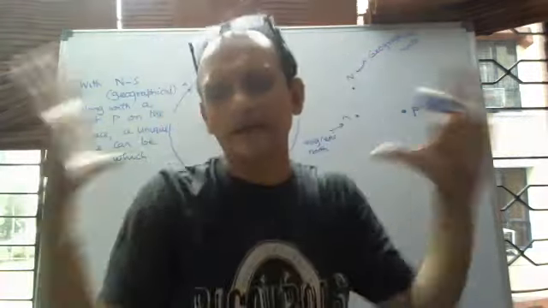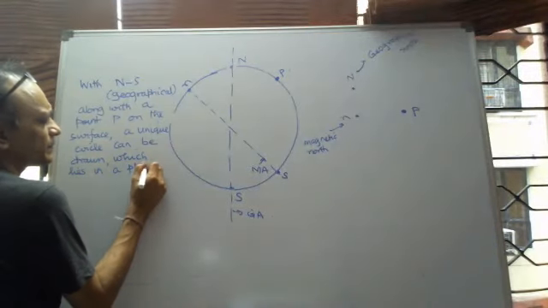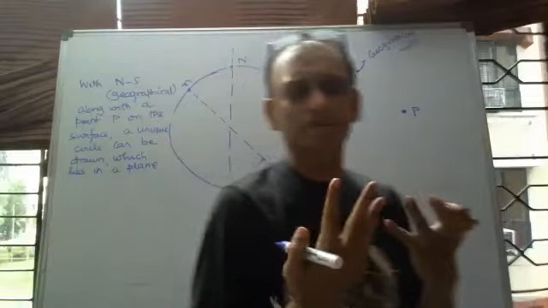There is a plane that it determines. That circle will lie in a plane, right?